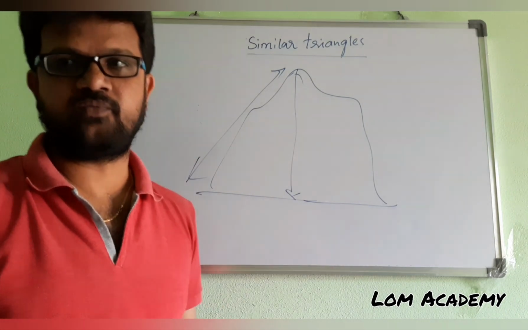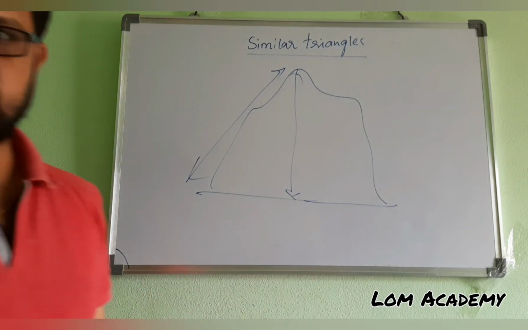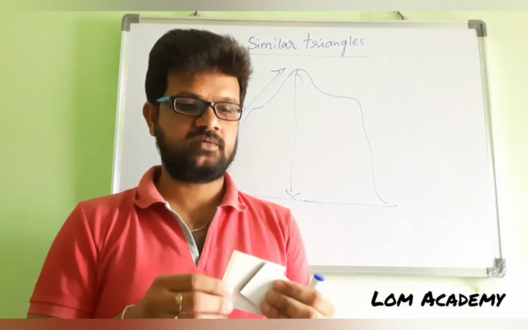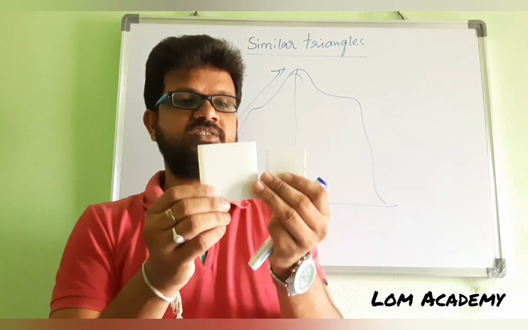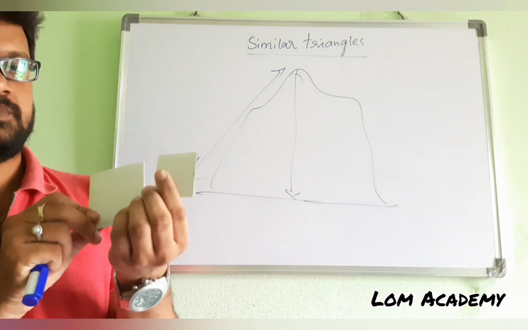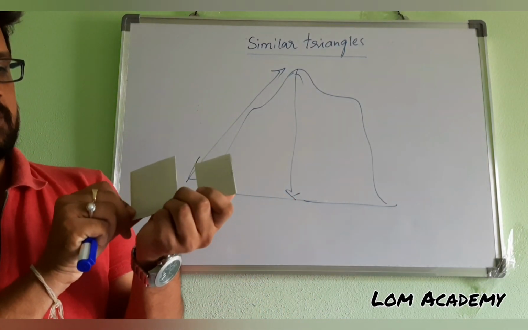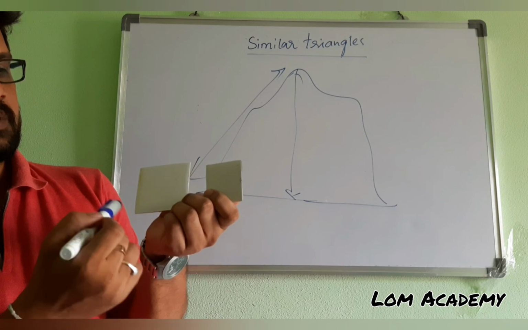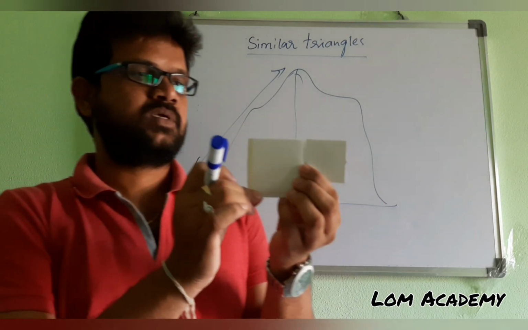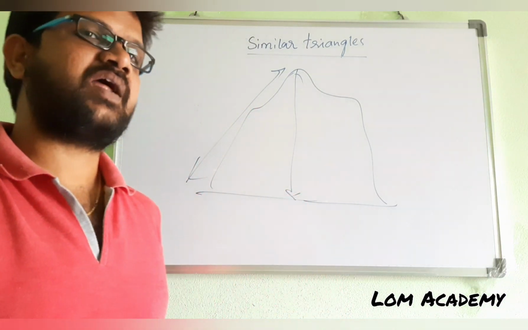For example, if you take any two squares, see here, this is one square and this is another square. Are they similar? Yes. Why? Because they have the same shape but not size. And what about two equilateral triangles?